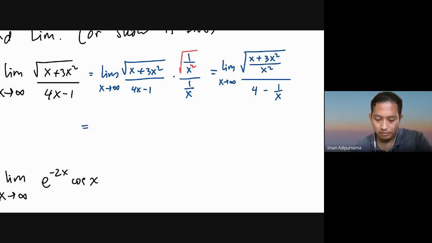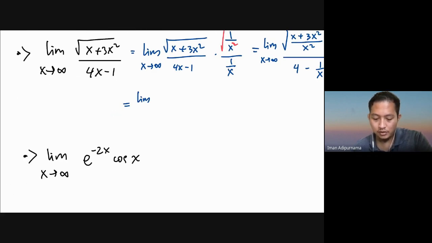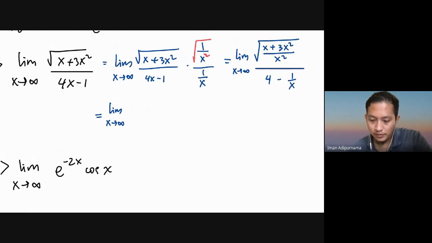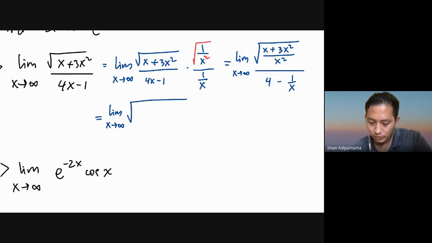And then let me go here, limit as x approaching infinity. We can see that from the square root, we have 1/x plus 3, right? And then divide. Let me write a separate limit.